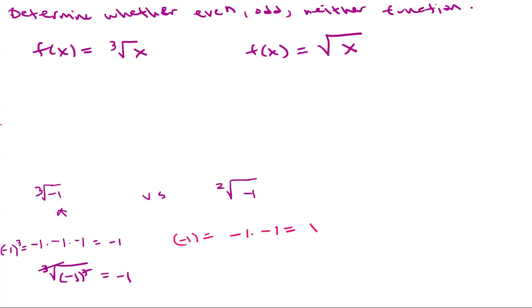So a -1 squared spits out a +1, but I want a -1 because that's what I'm looking for. So it's not possible. Okay? We can't find a -1 multiplied by itself twice that will give us a -1. So that's why in this case, this is, again, not possible. You can't take the square root of -1 in the real world.